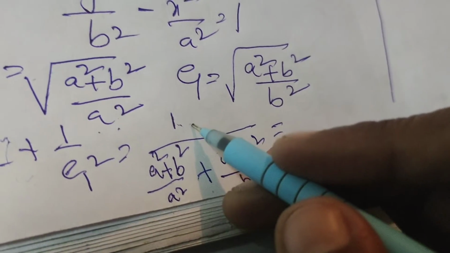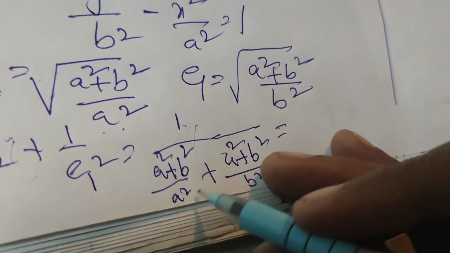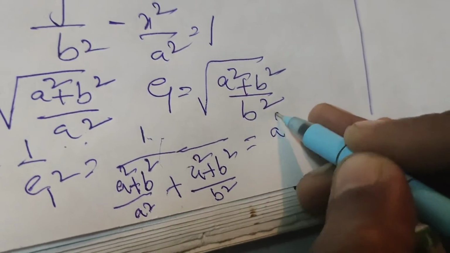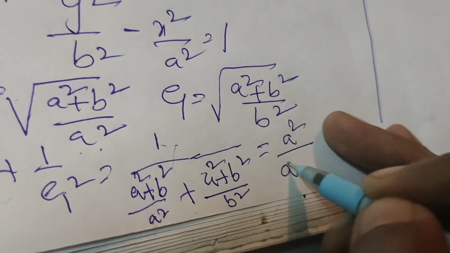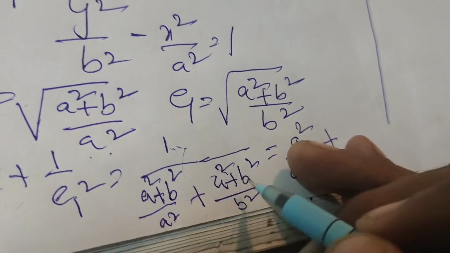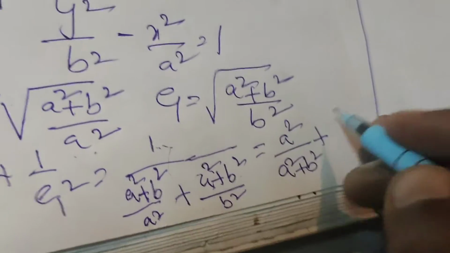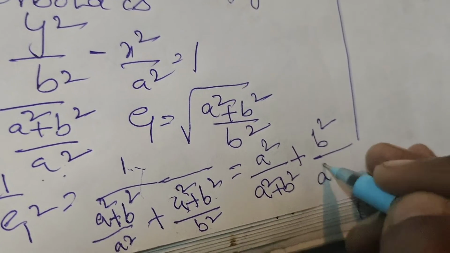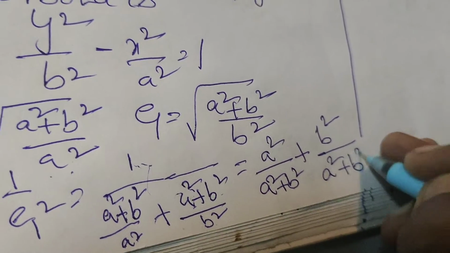Now 1 by (a square plus b square by a square) means a square by a square plus b square. Next, plus 1 by (a square plus b square by b square) gives b square by a square plus b square.